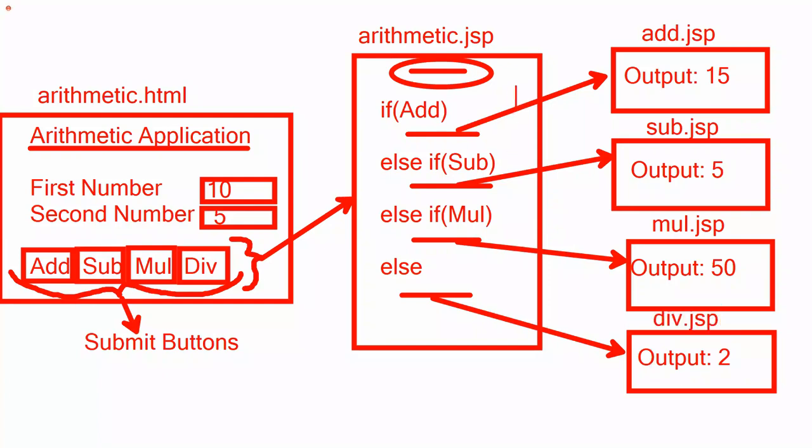These all are forwards. Total 6 programs, but 4 programs are the same type. The main program is arithmetic.jsp, the remaining are nothing special.